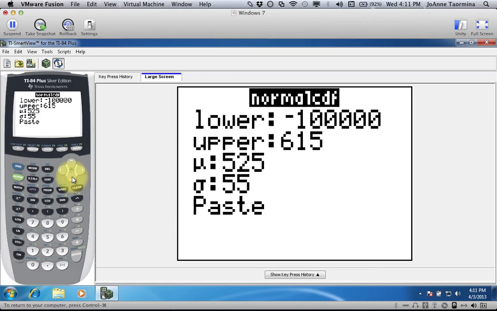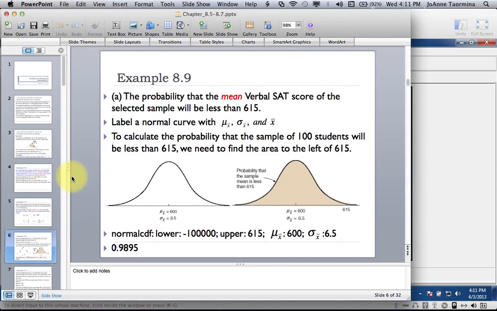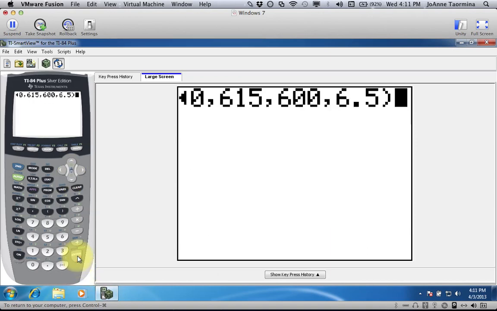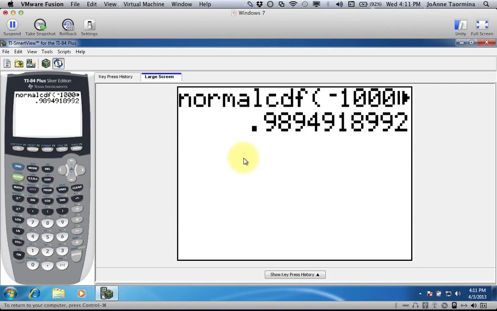The mean of the sampling distribution is 600, and the standard error is 6.5. Okay, hit enter. 0.9895 when rounded to 4 places.